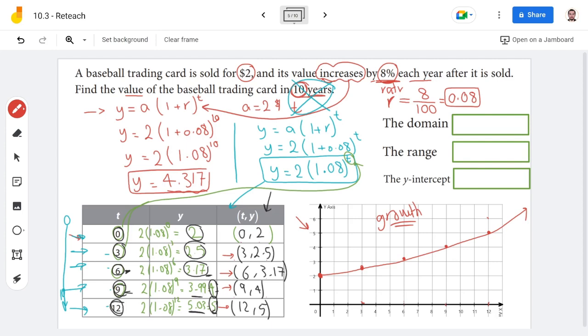Now, let's find the domain. The domain starts from left to the right.